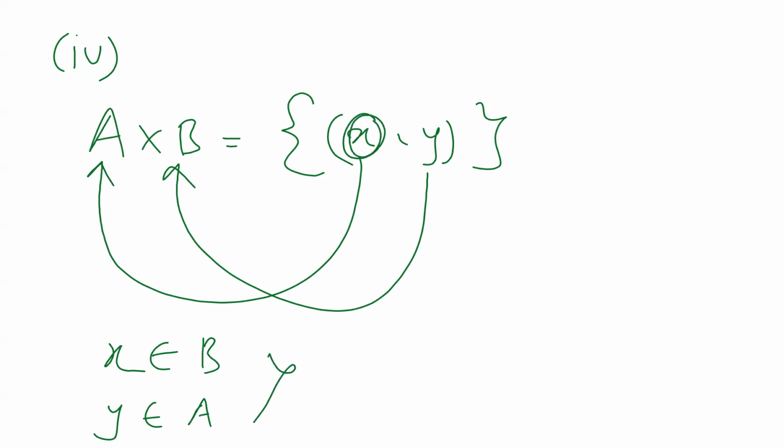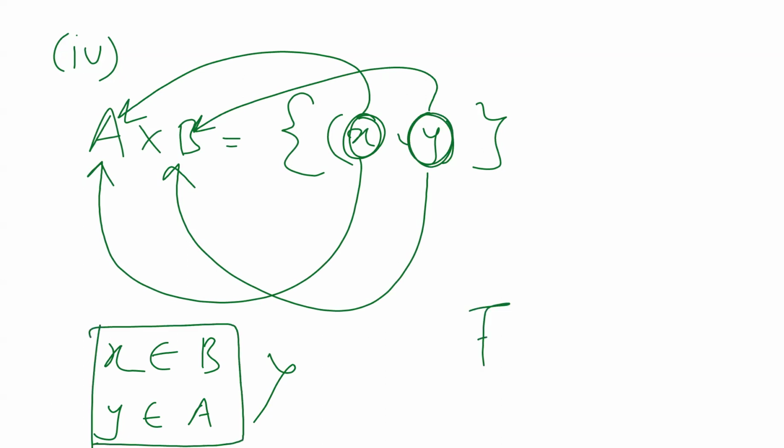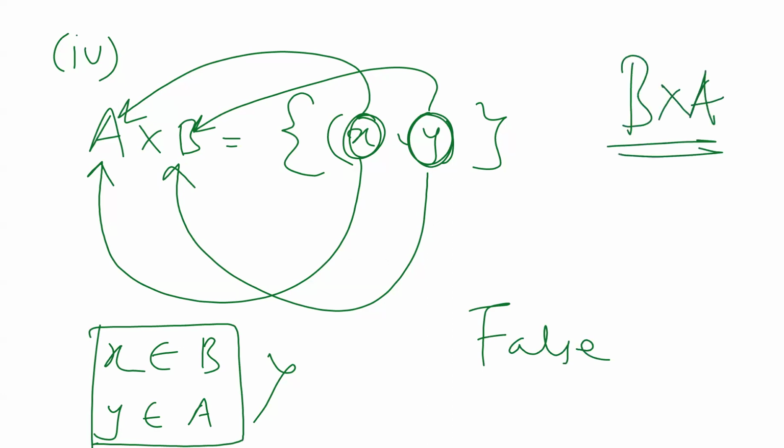The first component should definitely come from the first set, and the second component should come from the second set. They have given the reverse way. Hence it is false. Had they mentioned B cross A instead of A cross B in the problem, then the answer could have been true. Fine.